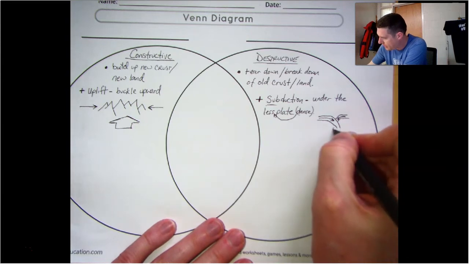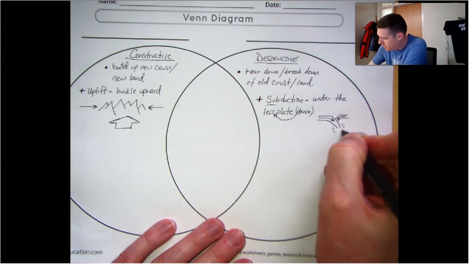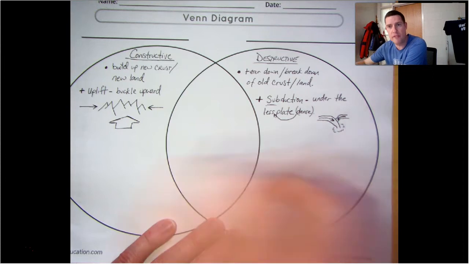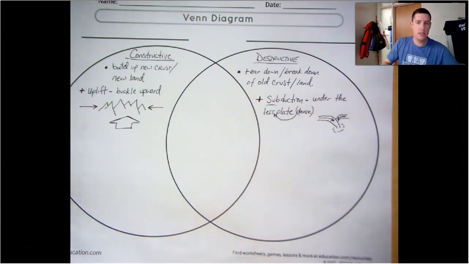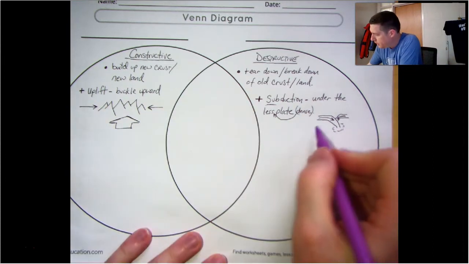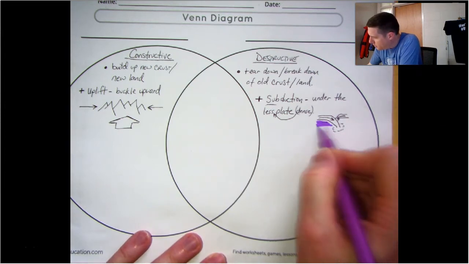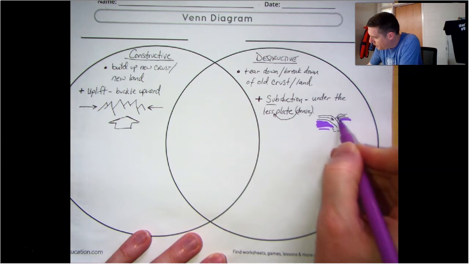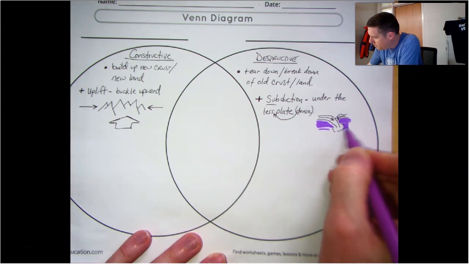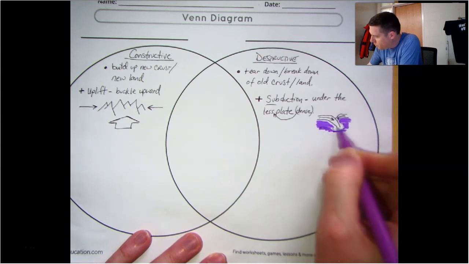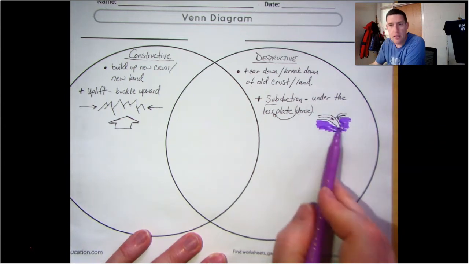And because of that, the tip of this plate that's being driven back down into the asthenosphere, and I'm going to let purple represent the asthenosphere here. So again, our crust is lithosphere. Well, this is getting driven back into the asthenosphere.